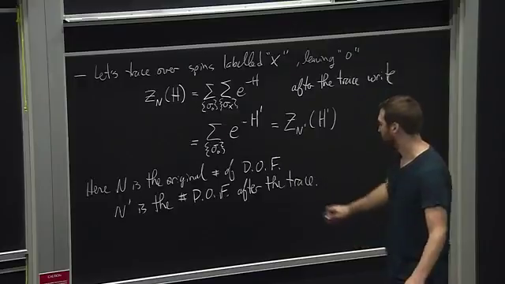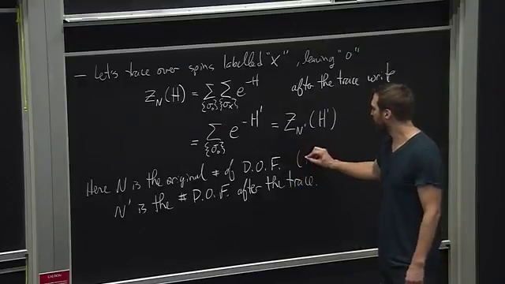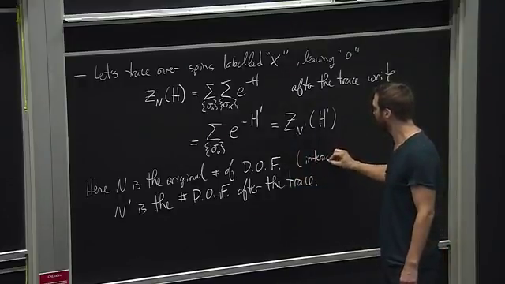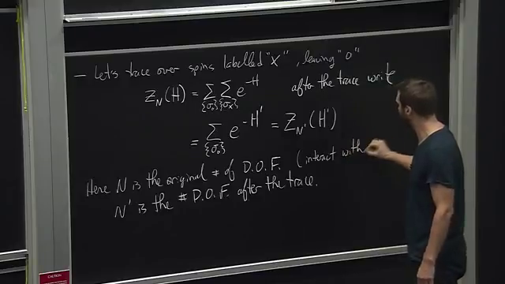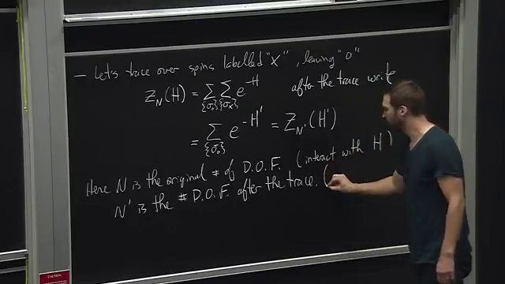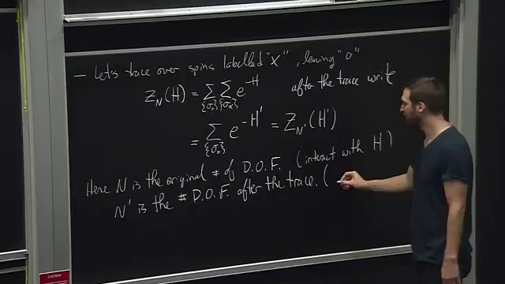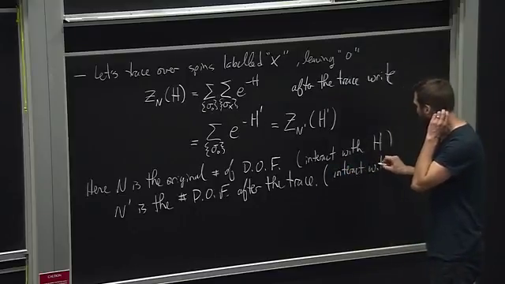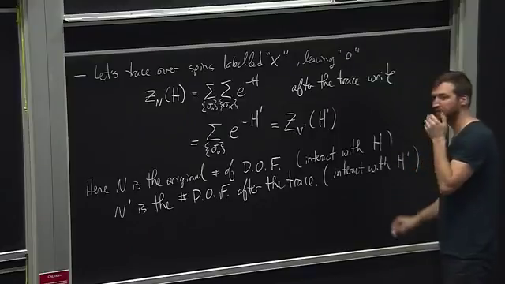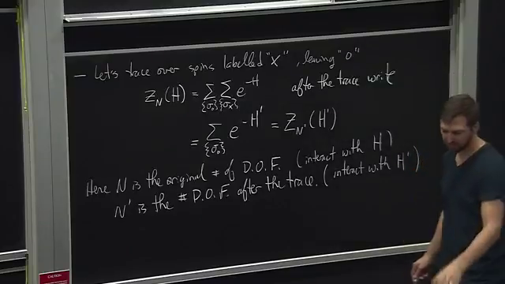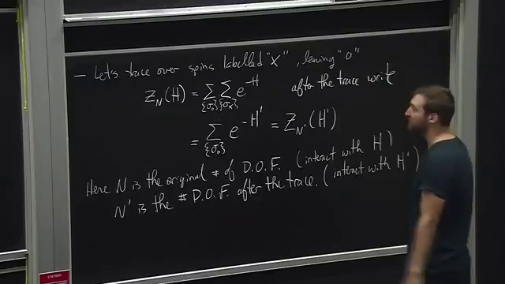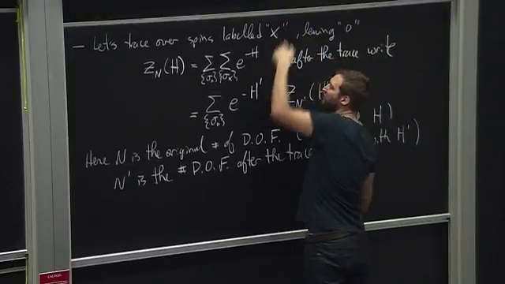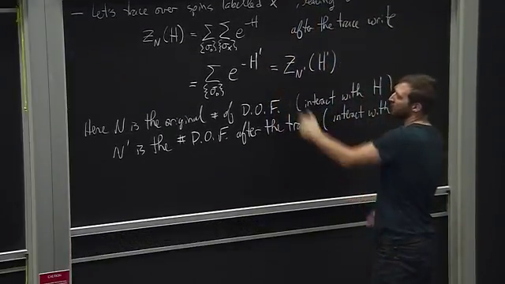Okay. These original degrees of freedom interact with H. And the coarse-grained degrees of freedom interact with H prime. So what is H prime? I've defined it through this equation here.